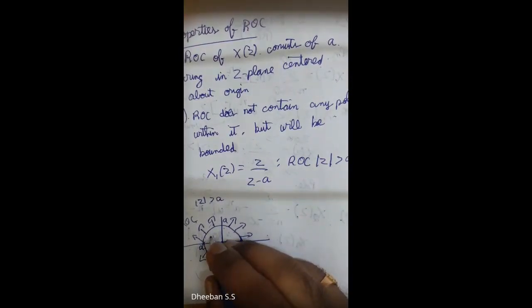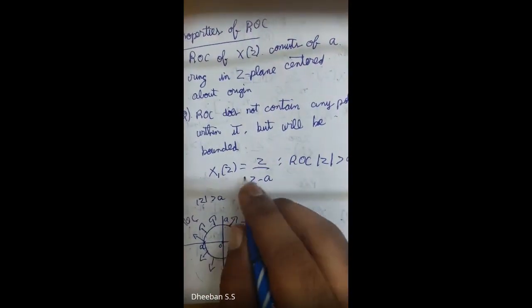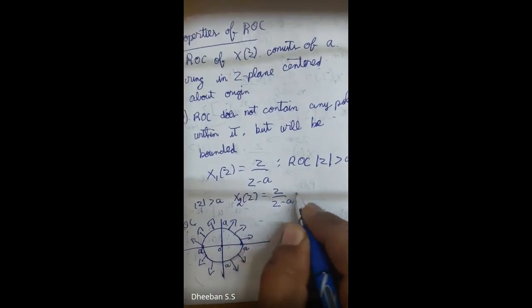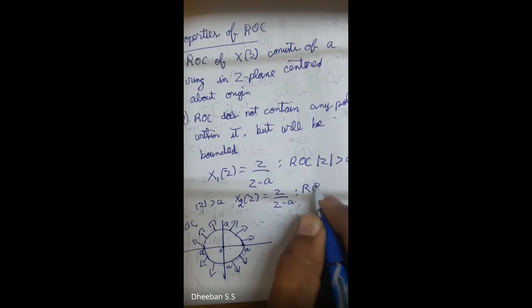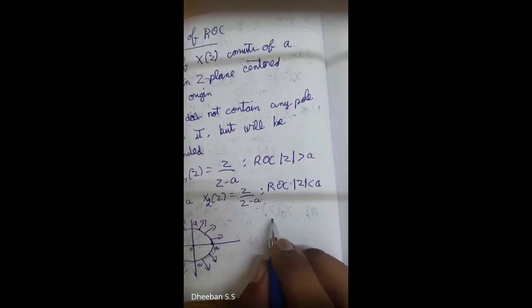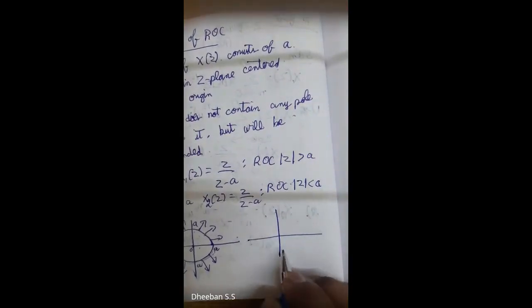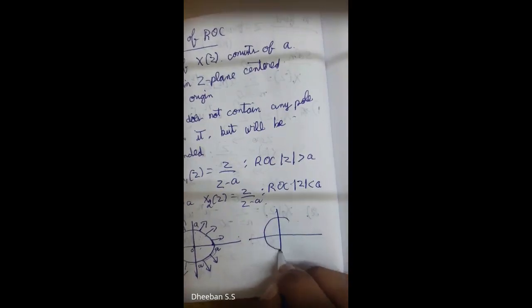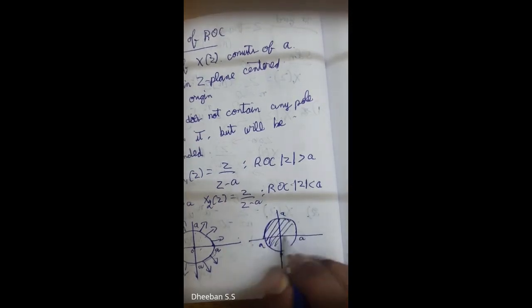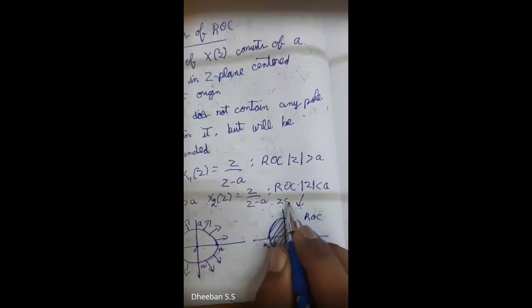Bounded means it might be over this line, this circle. Similarly, for x2 of z we have seen z by z minus a, and the ROC will be modulus of z less than a. Now your ROC will be within this circle of radius a.